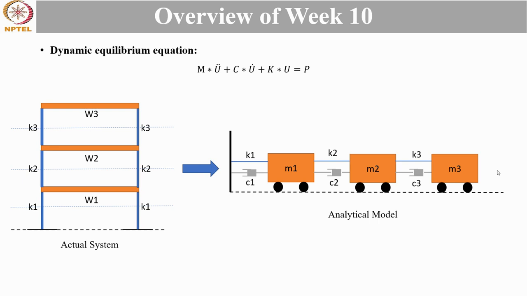Thus, an actual complex structure is broken down into a multi-degree of freedom system in which the number of floors is equal to the number of degrees of freedom. This structure, with concentrated mass of each floor and known stiffness of columns, assuming no lateral deformation or buckling, can be simplified into a spring block system as shown in the figure on the right.